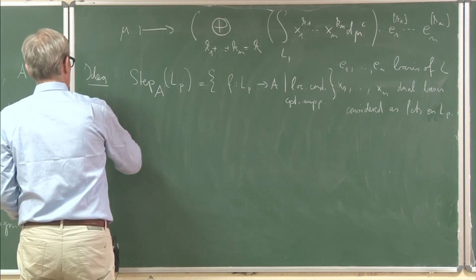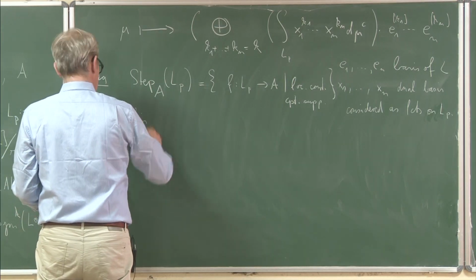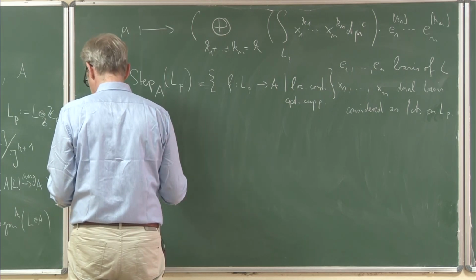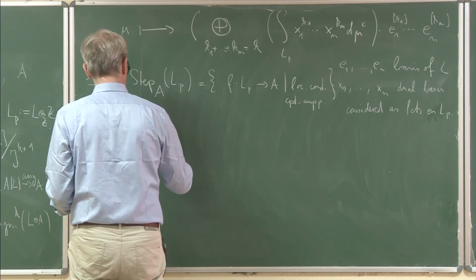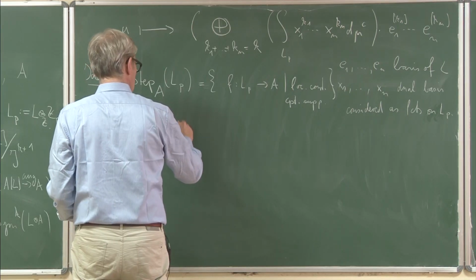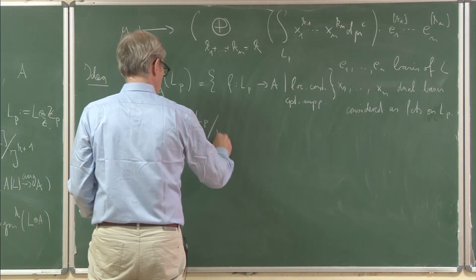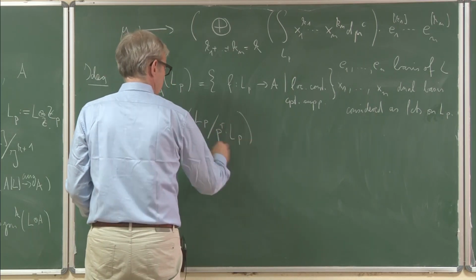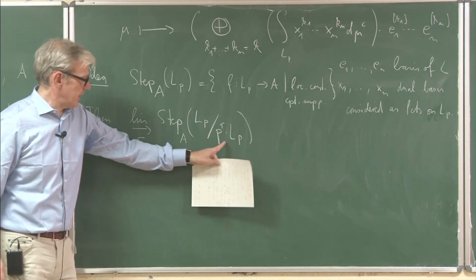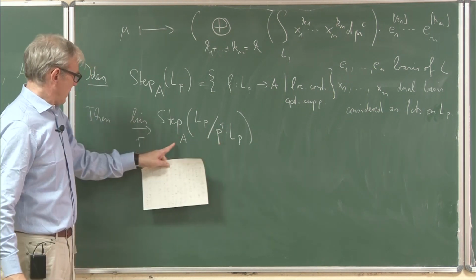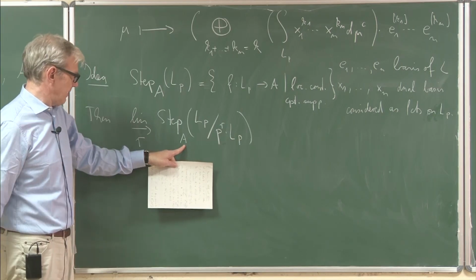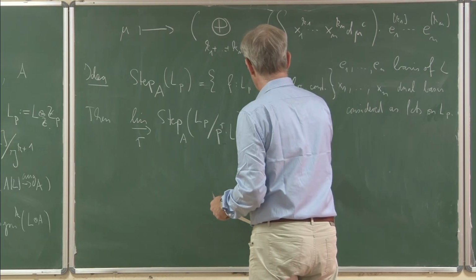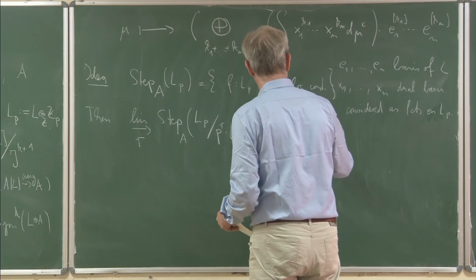Then the direct limit over all r of the step functions on L_p modulo p to the r L_p, this is just a finite group, and the step functions are just any functions with values in A. That is isomorphic to all step functions.